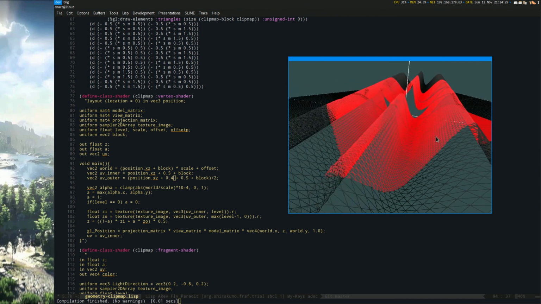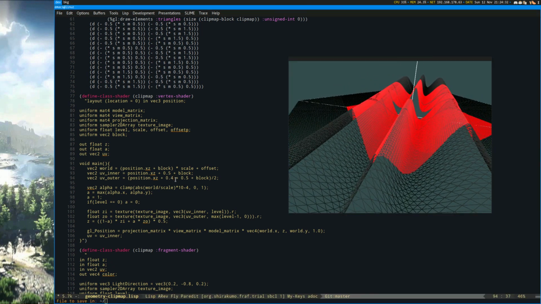Why aren't the waves moving? They should. They really should.